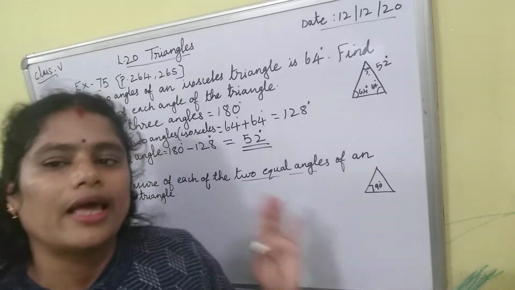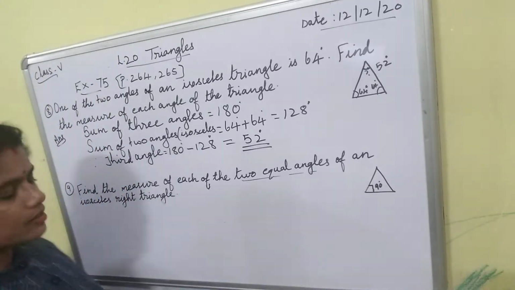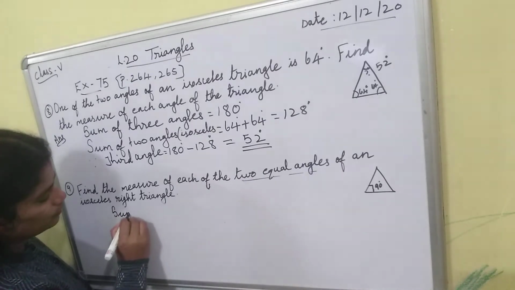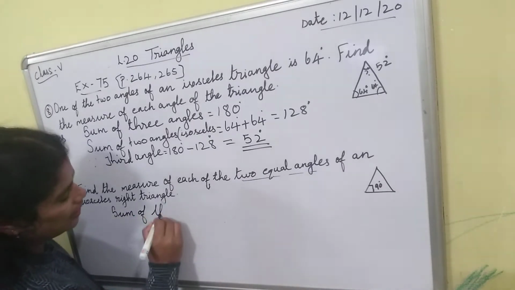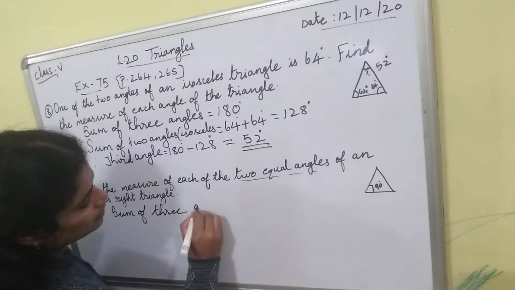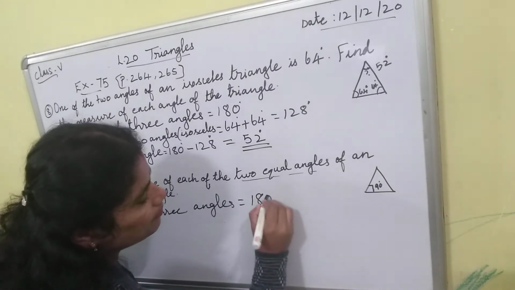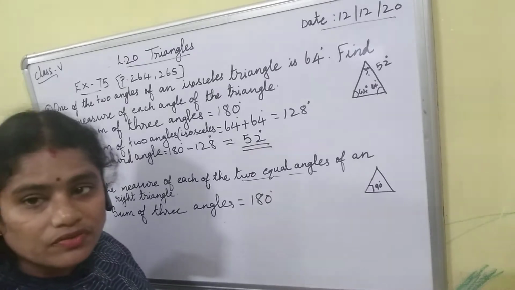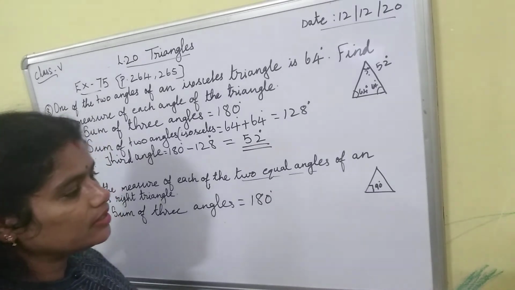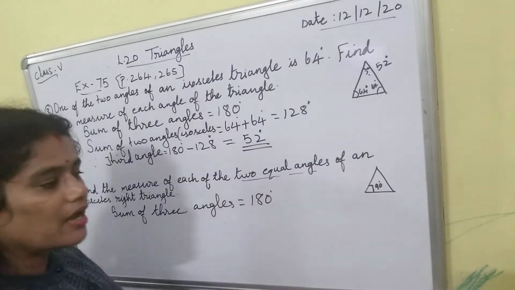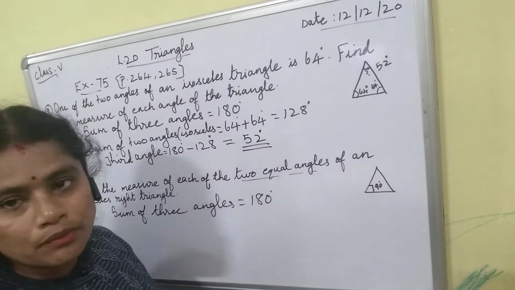Then again we have to write the sums. Okay. Sum of three angles equal to 180 degrees. Is it clear? Sum of three angles equal to 180 degrees. Then one right angle is there. Right angle measures 90 degrees, we know.